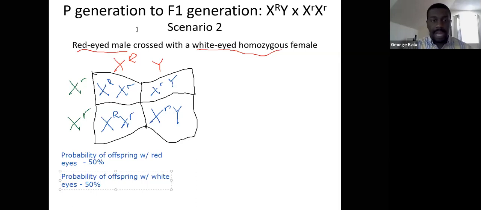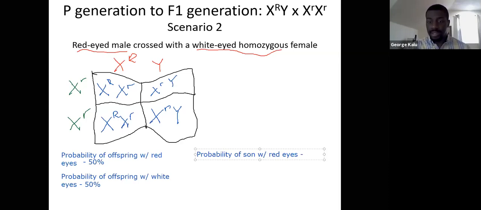What's the probability of having a son with red eyes? Right, it would be 0%.